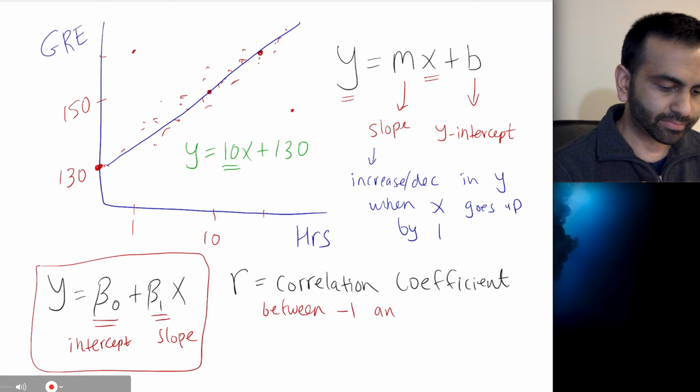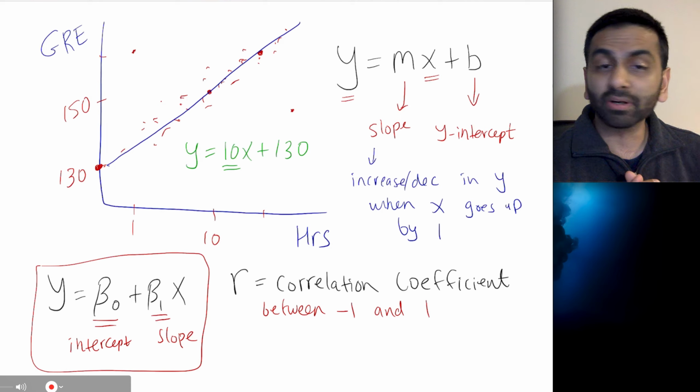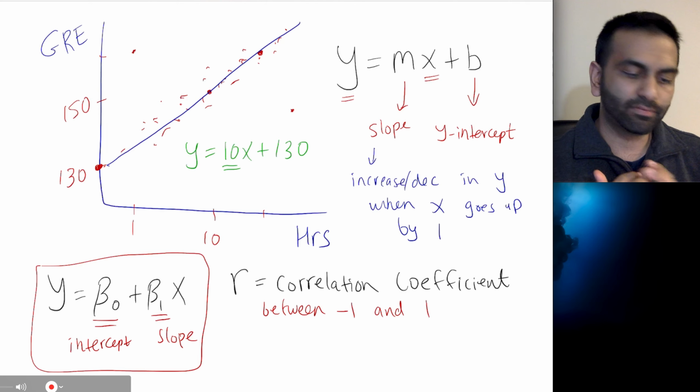Unlike the slope, which could be 45, for example, the most the correlation coefficient could be is 1, and the least it could be is -1.